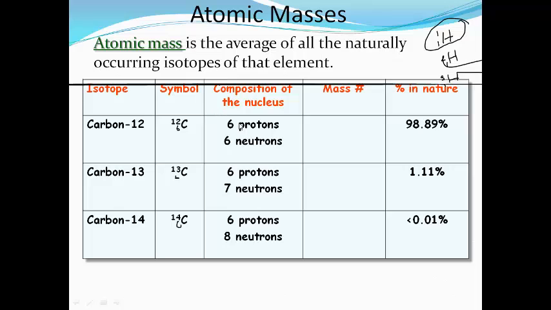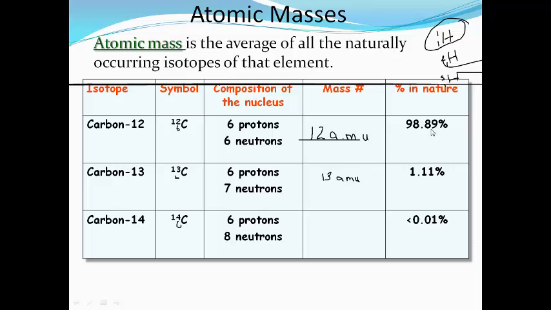So in carbon 12, there's 6 protons and 6 neutrons, which would give us a mass, protons plus neutrons, of 12, and we use atomic mass units when we're talking about atomic mass. Carbon 13 has 6 protons and 7 neutrons for a mass number of 13 AMU.